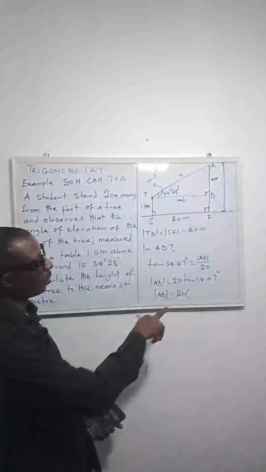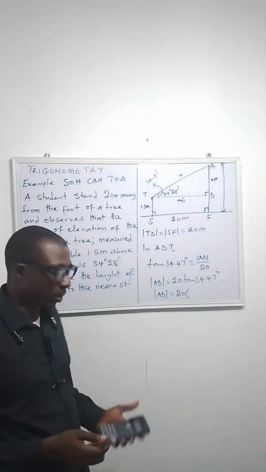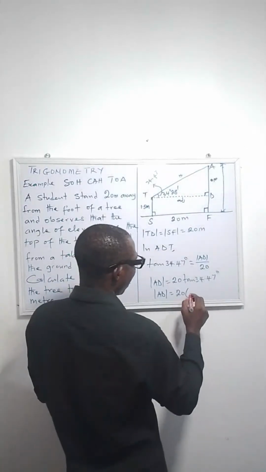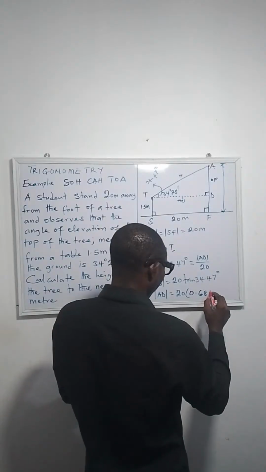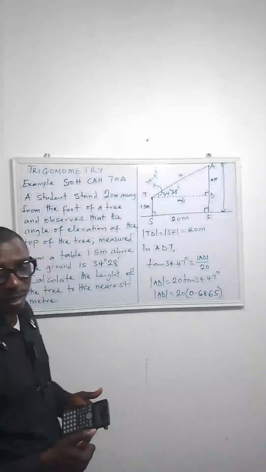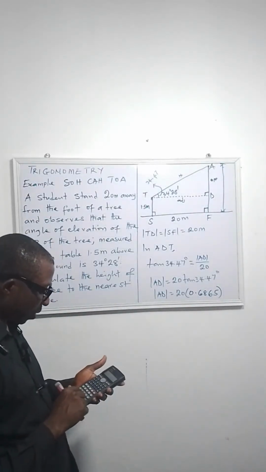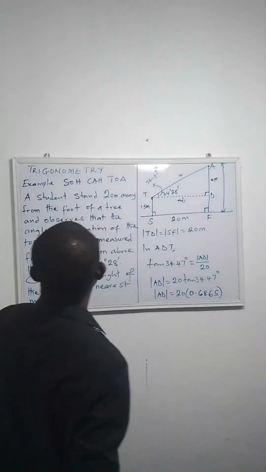Now if you punch your calculator or check your four-figure table correctly, you are going to have 0.6865. So if you multiply that times 20, what are you going to have now?